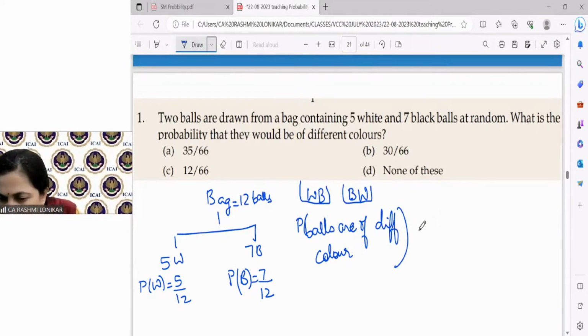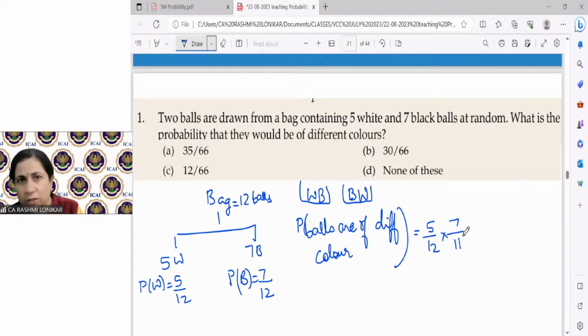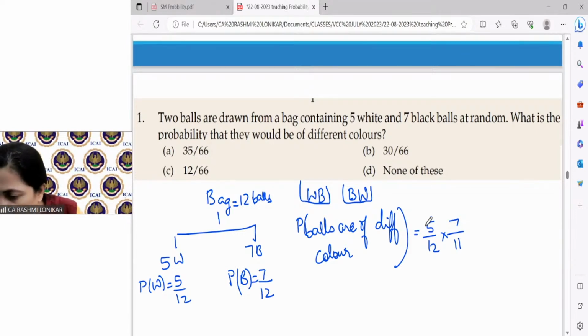White ball first: this is 5 by 12. Now 1 is less over here, so what will I have? 7 upon 11, since for the next ball there will be only 11 balls. So how much is this? This is 35 upon 132.